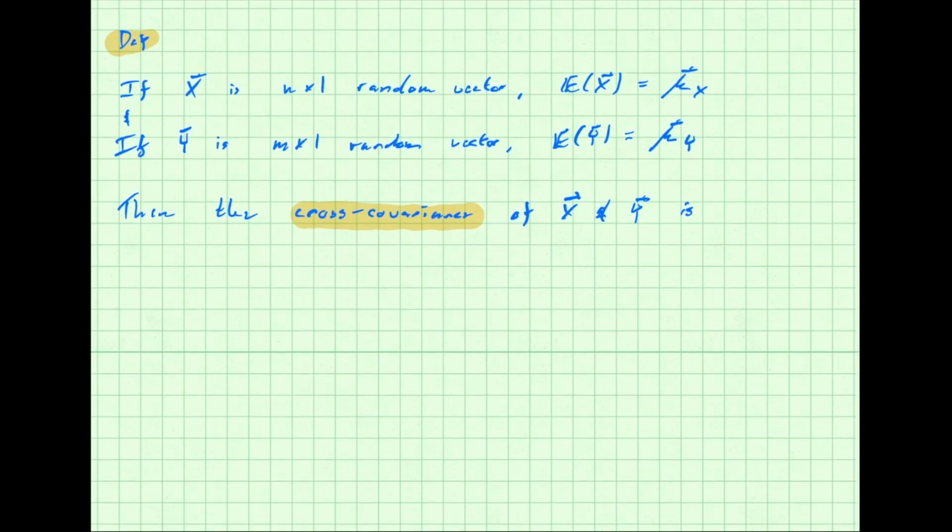We write it as the usual covariance notation, but with two vectors as its arguments. It's the expected value of this product: X minus mu X, the centered version of the random vector X, since you subtract the means, times the transpose of the centered version of Y.